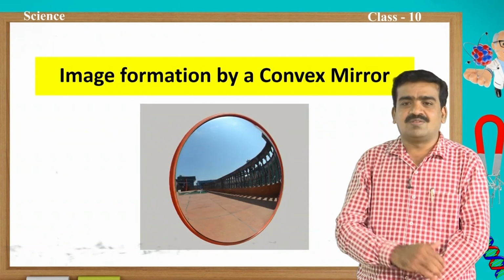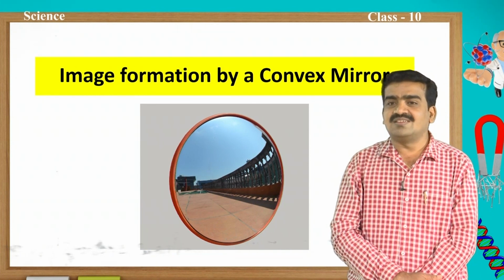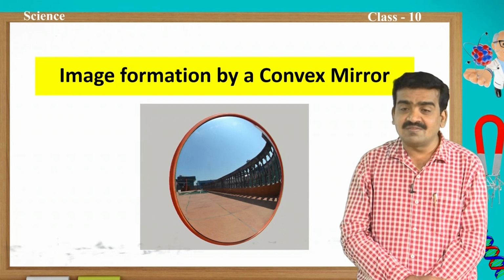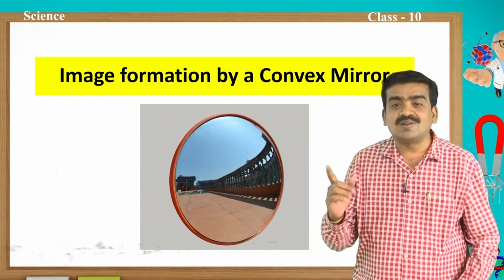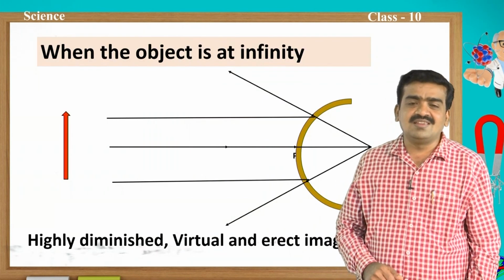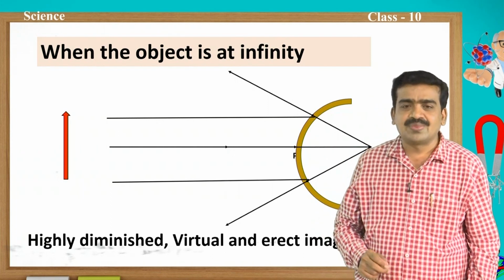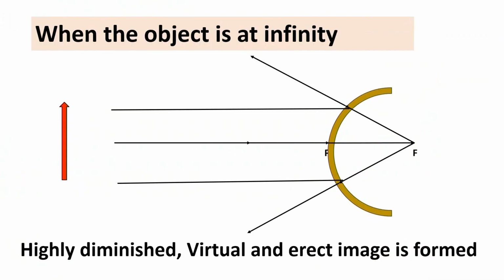We have another type of mirror, that is the convex mirror. Let us learn the nature of the image formed by the convex mirror when the object is placed at different distances from it. Here we place the object in two different places. One is at infinity.